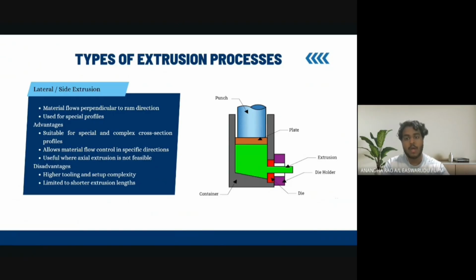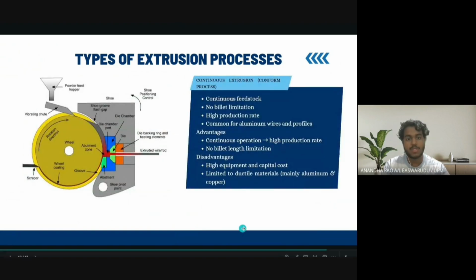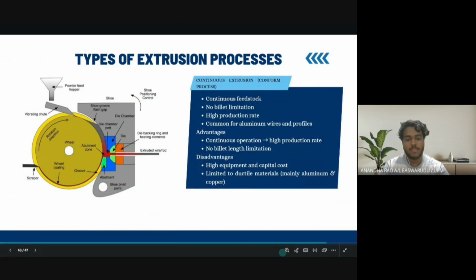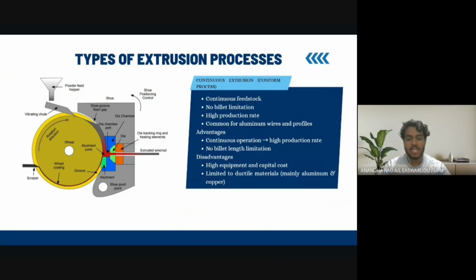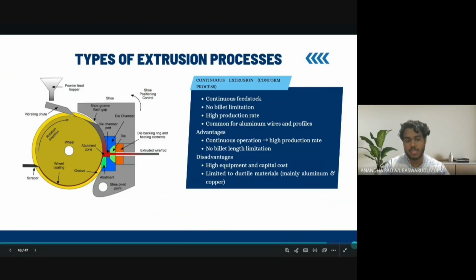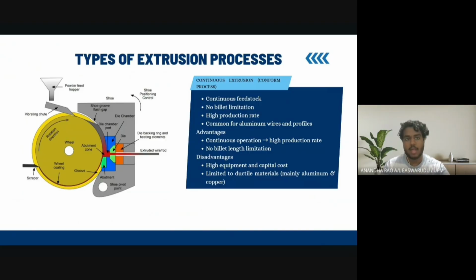Continuous extrusion, also known as the conform process, uses continuous feedstock instead of billets. There is no billet length limitation, resulting in a high production rate. It is commonly used to produce aluminum wires, rods, and profiles.